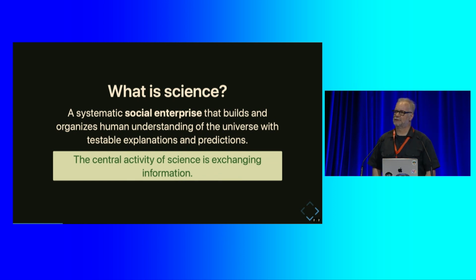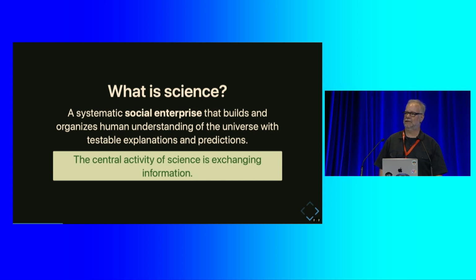So first on open science. What is science? We all kind of take it for granted, but it's not the production of PDFs. That's not the objective function for science. It may be perceived as that by some of us, but it's not. It's a systematic social enterprise that humans engage in to try to understand the world with testable explanations and predictions.